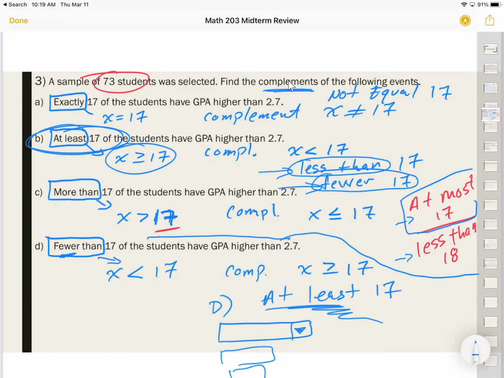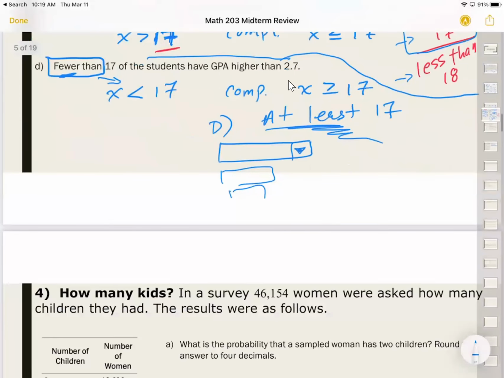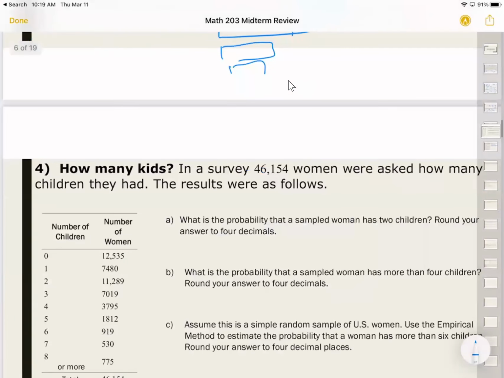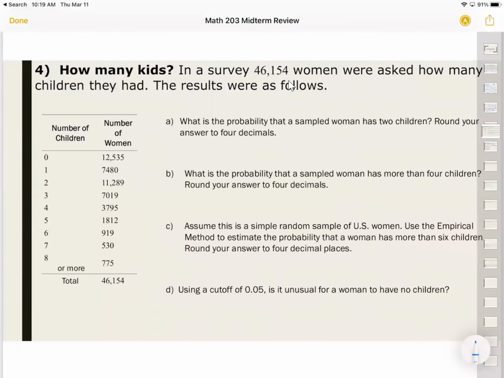All right, let's take a look at this item. And hopefully from here on out it will be a little bit easier going forward, because we go back to probability, which is chapter 3.